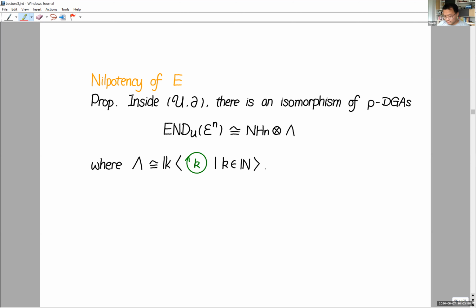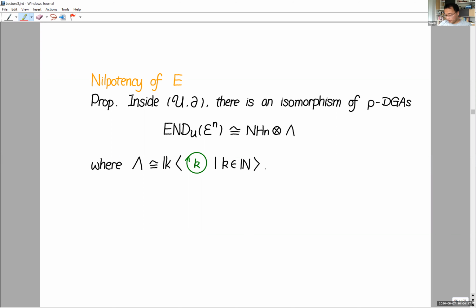To do this, we recall some knowledge of the diagrammatic calculus from Lauda, though I'm not going to show you the proof. Inside this diagrammatic calculus as a DG algebra, there's a DG isomorphism of endomorphism algebras.